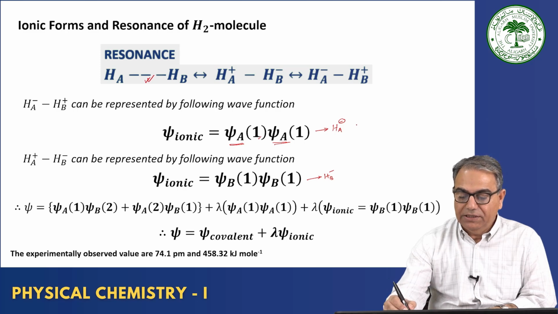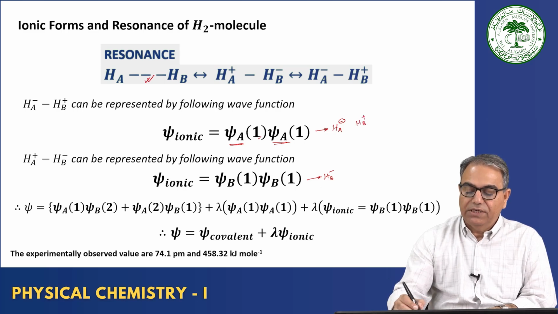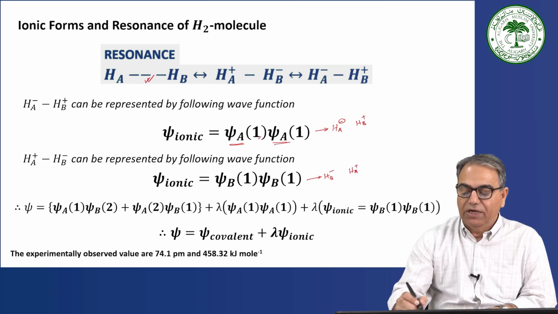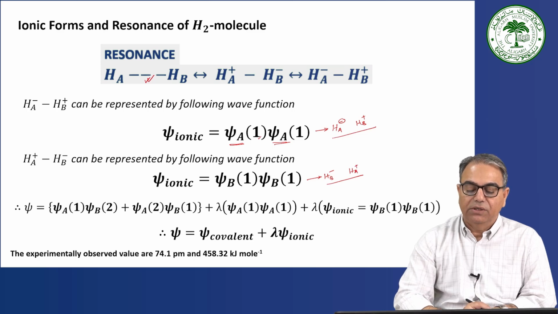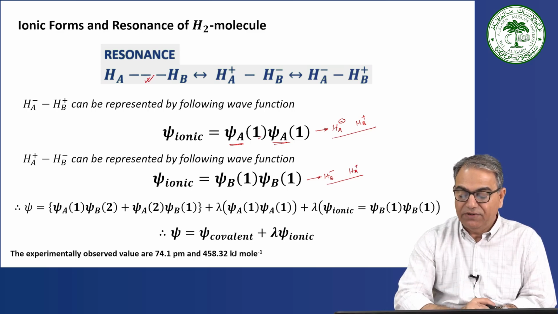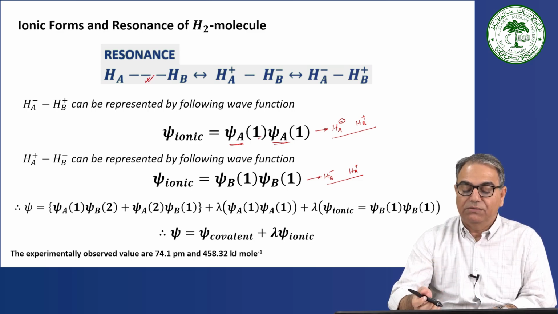So obviously in this case Hb will become positively charged, and in this case Ha will become positively charged. So you have two different ionic structures for the hydrogen molecule, and the wave functions could be written like this one. Again, a linear combination of these you will have to take, and we have to see to what extent the first one or the second one is contributing.